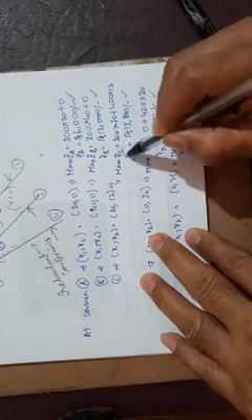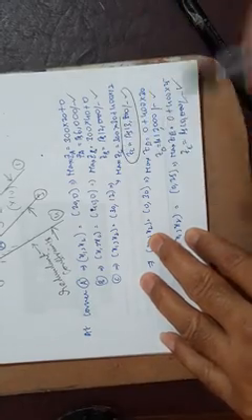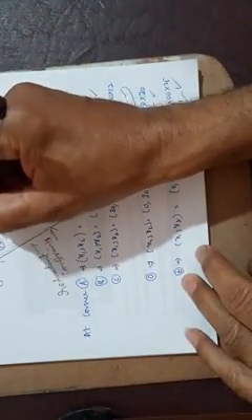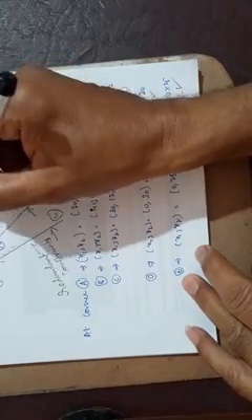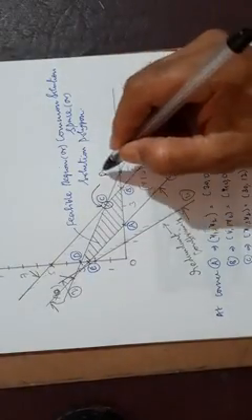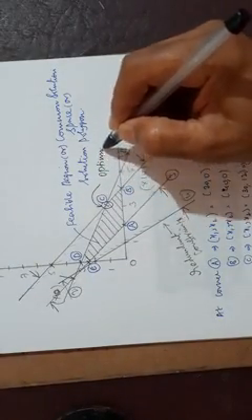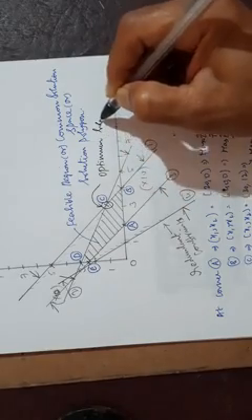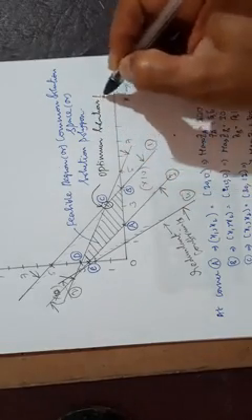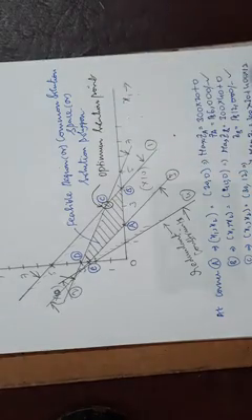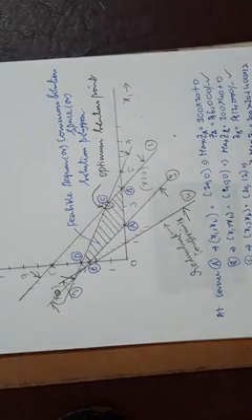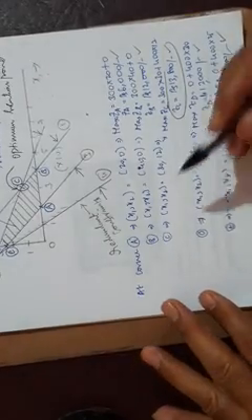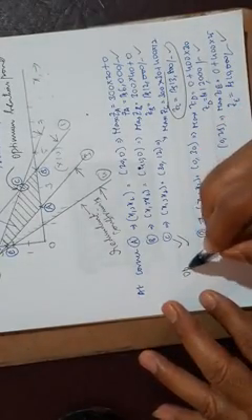So maximum happens to be at C. So point C will be known as the optimum solution point. At that location, this is optimum.